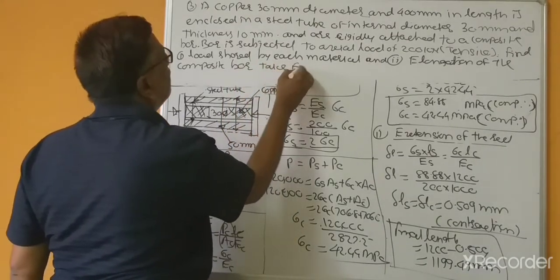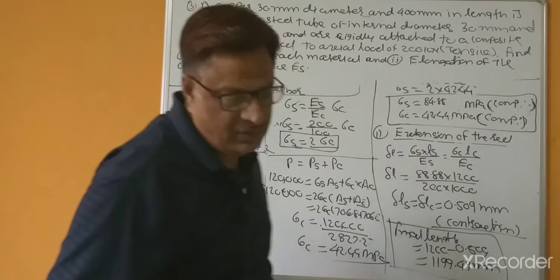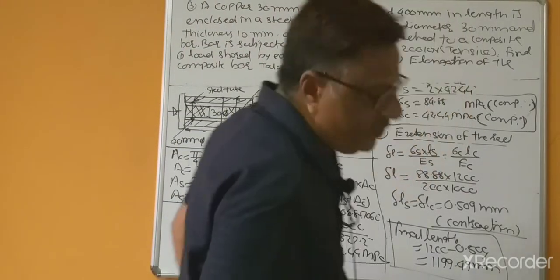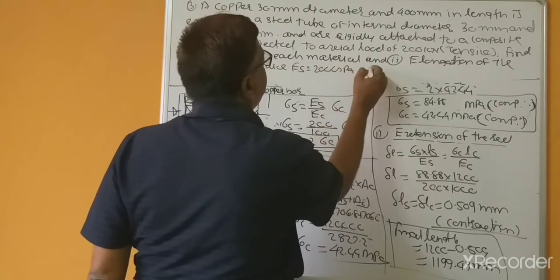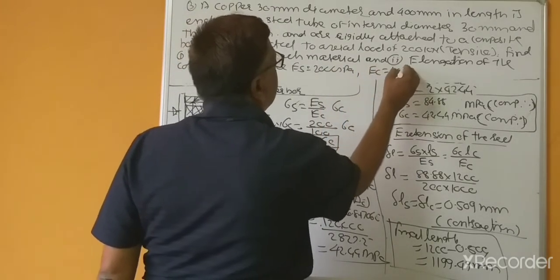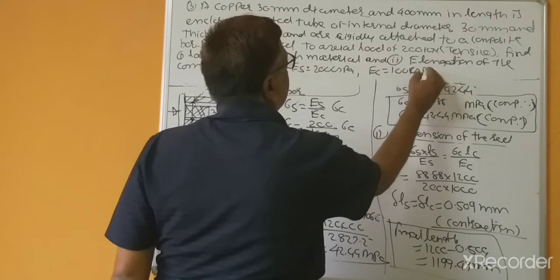Take ES equal to 200 gigapascals and EC equal to 100 gigapascals, the same data as before.